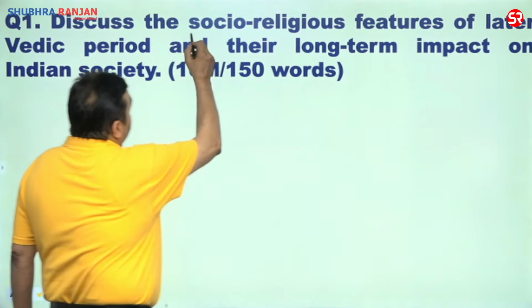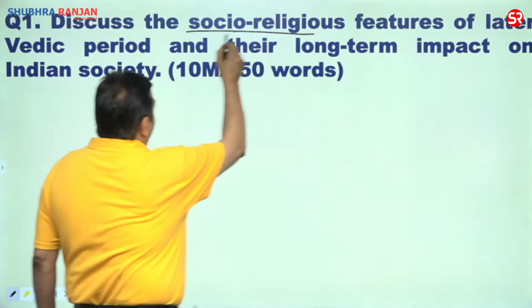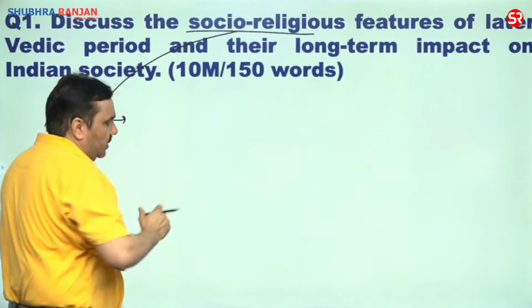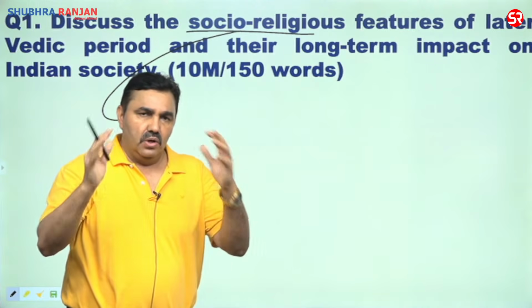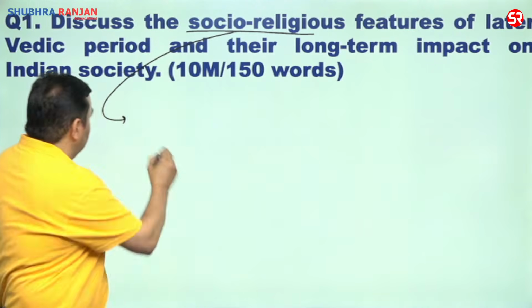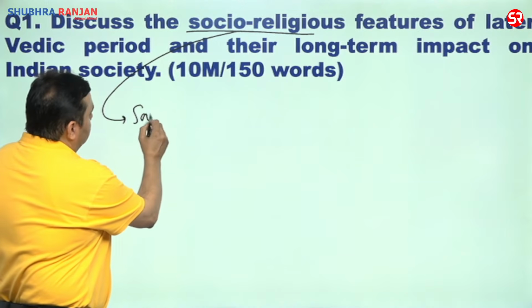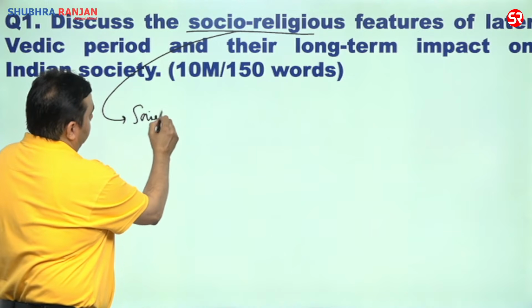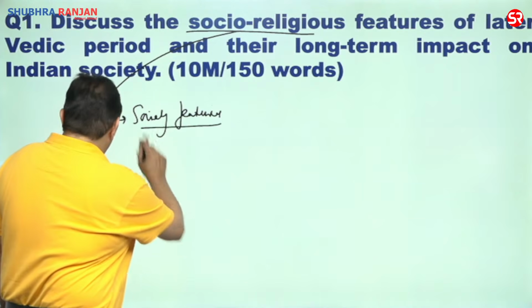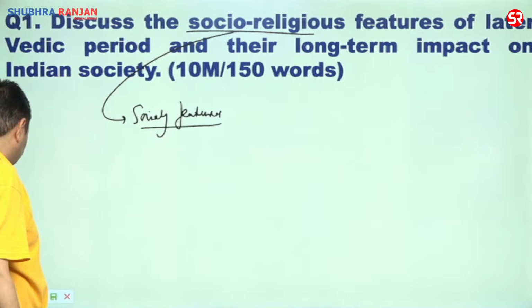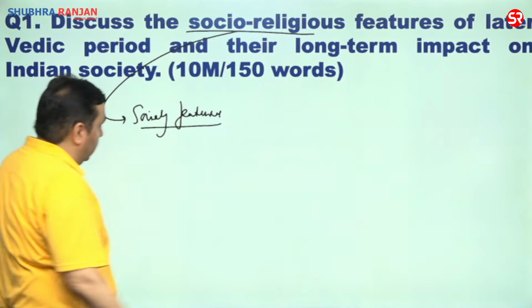Question is saying socio-religious features of later Vedic age. Think of the society, think of the religious life of the later Vedic period. What do you find? Let's start with features of society in later Vedic time. Try to be very specific so that you can write more in the same number of words.